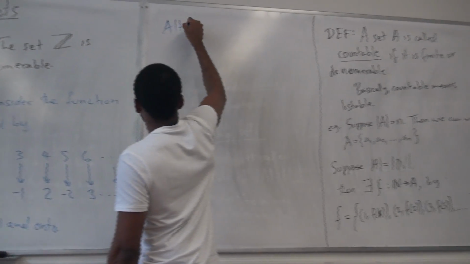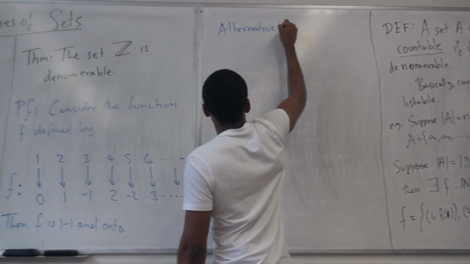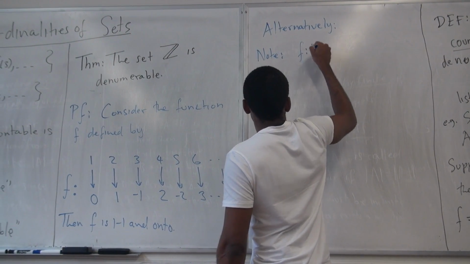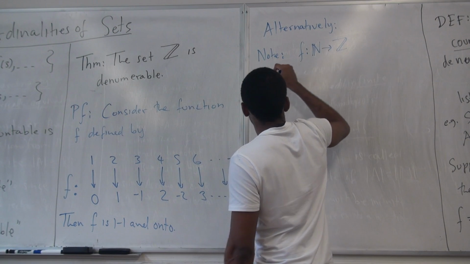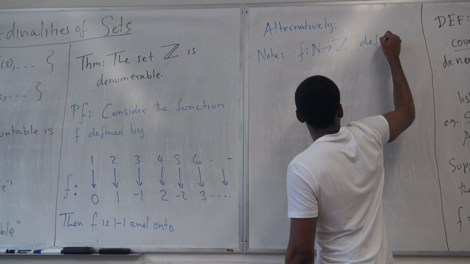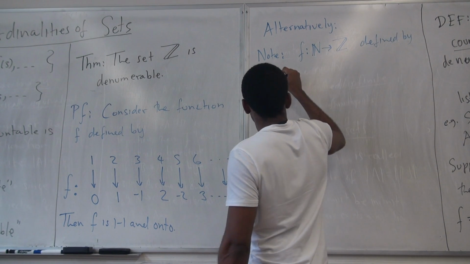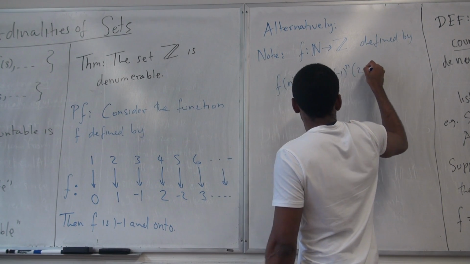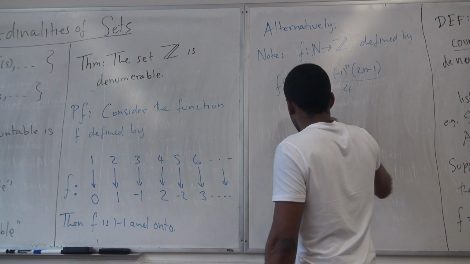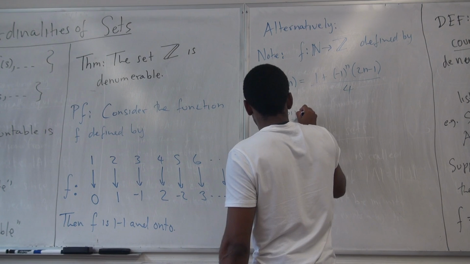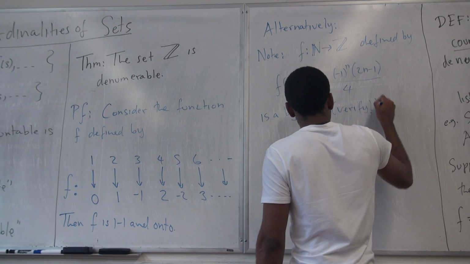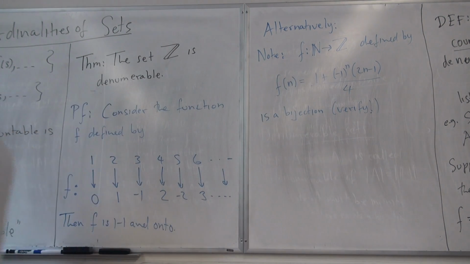Alternatively, note that from N to Z defined by a formula, I'll leave it up to you to verify, but that's actually a function in terms of a formula that goes from one set to the other set.